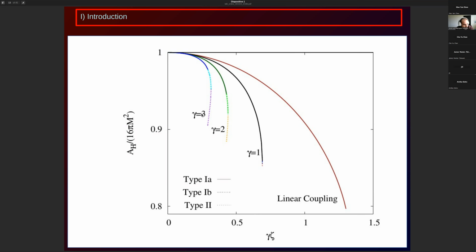You have a limit value of alpha for which regularity of the solution is lost. And even if you consider other couplings, very similar things happen. For example, here, instead of an exponential function, you have just a linear term in phi. You also have an upper bound for the alpha over m squared value. Okay, so this is generic.